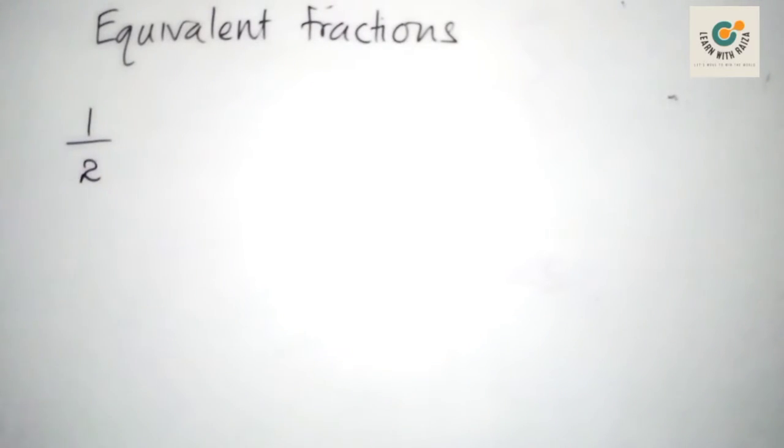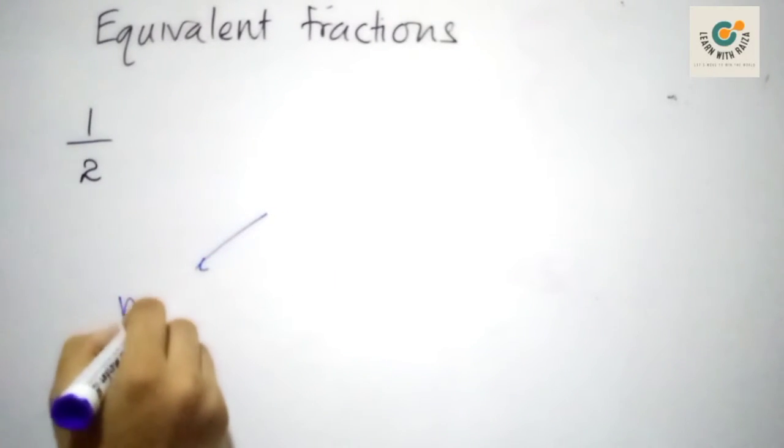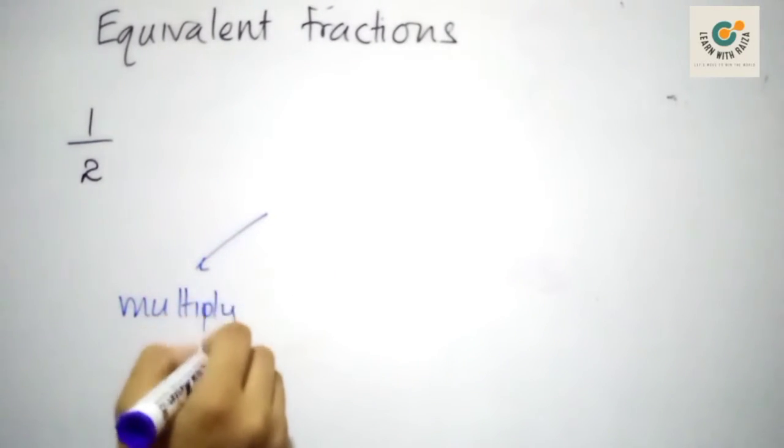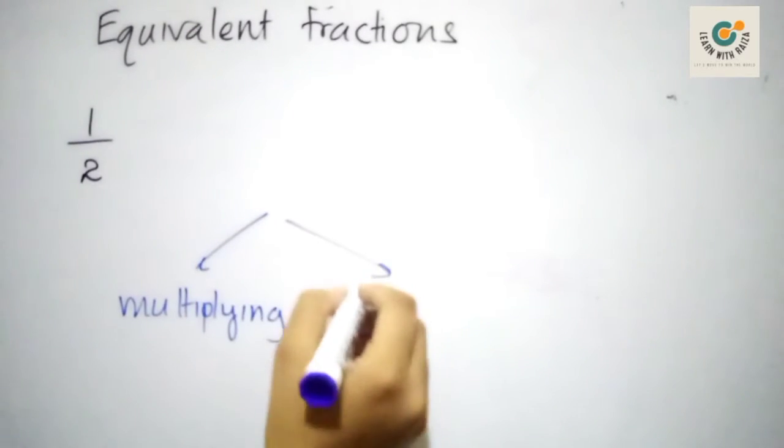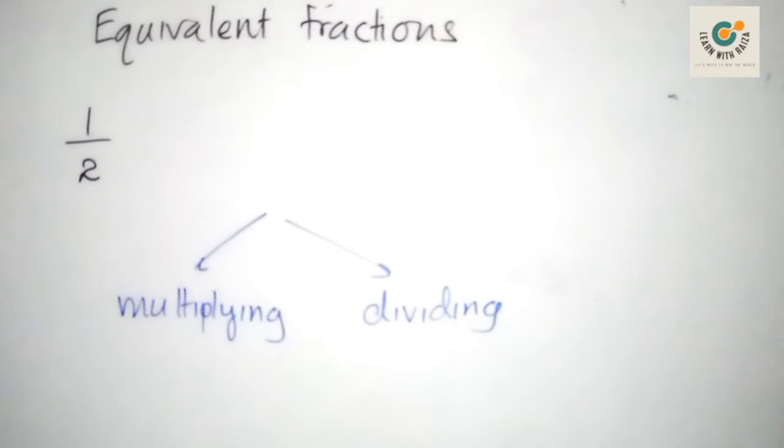To make an equivalent fraction, there are two methods. One is multiplying, two is dividing. But multiplying what? Dividing what? That is a question for you.